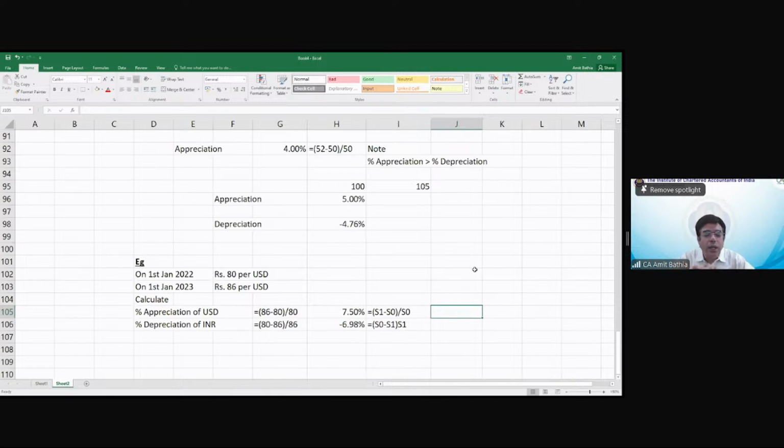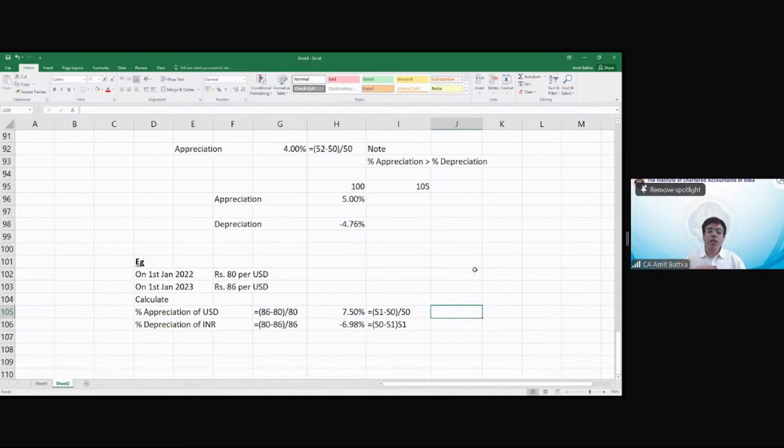Okay. All right. Now, what was I essentially talking about as a concept? So, concept is here, it is 80. 80 has become 86. So, when I'm calculating appreciation, remember, this is increase, right? So, I am going to say essentially 86 minus 80, that is the difference we are talking about, upon my base, which is going to be this value, 80.